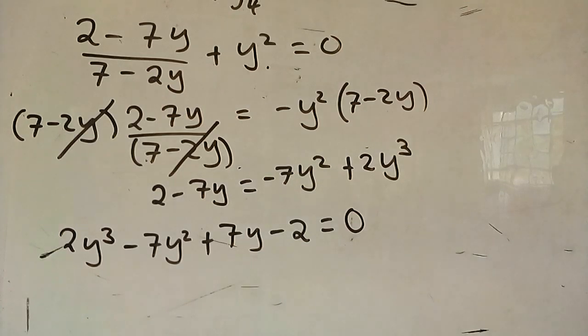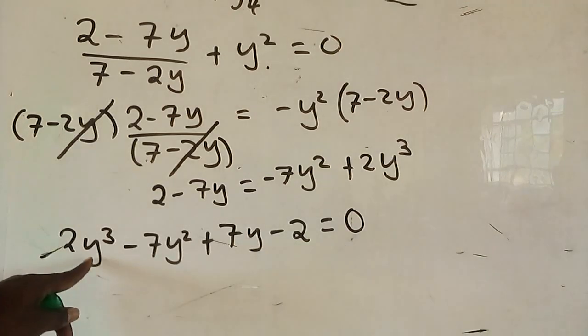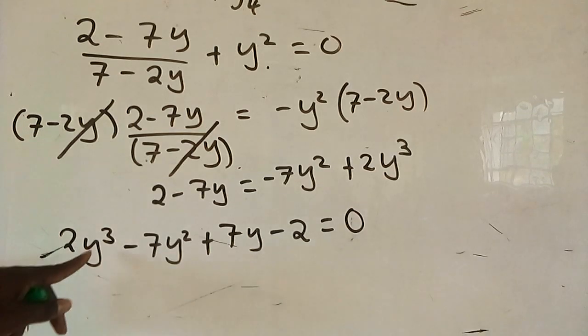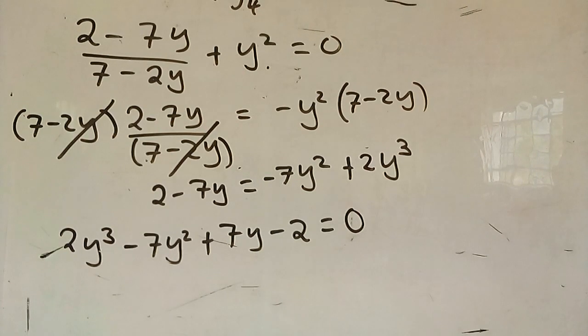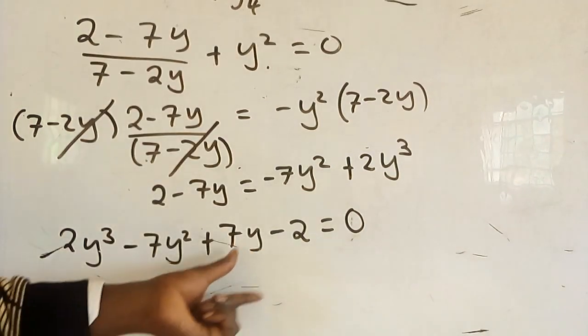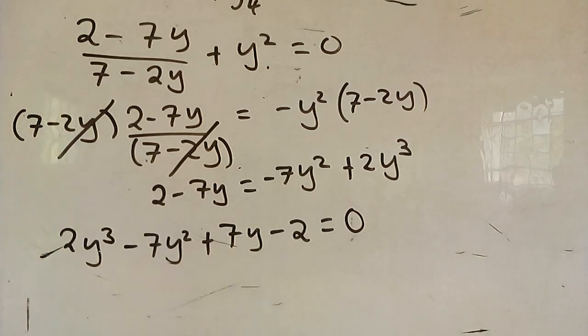For instance, when y is 1, do you get 0? With the factor theorem, you just test small integers like 1, 2, 3, 4, and then negative 1, negative 2, because for 2y cubed minus 7y squared plus 7y minus 2 the roots are likely very small integers. The factor theorem means we are able to factorize into integers.